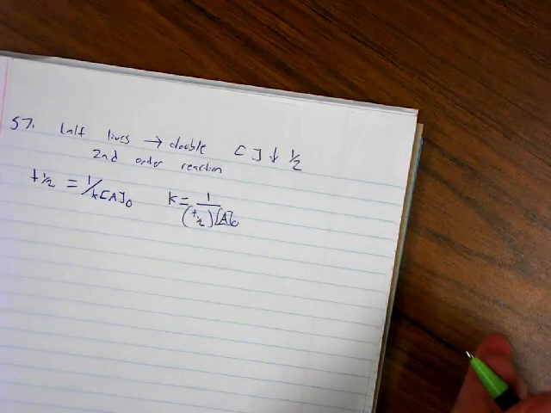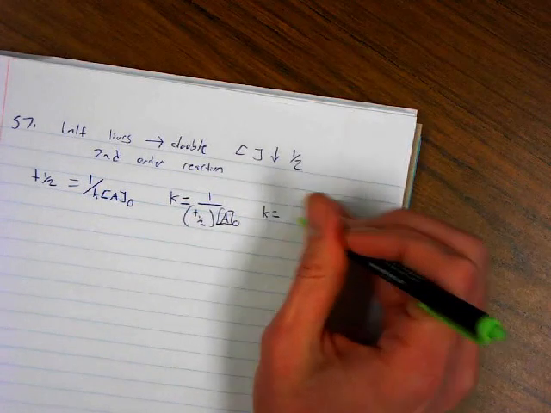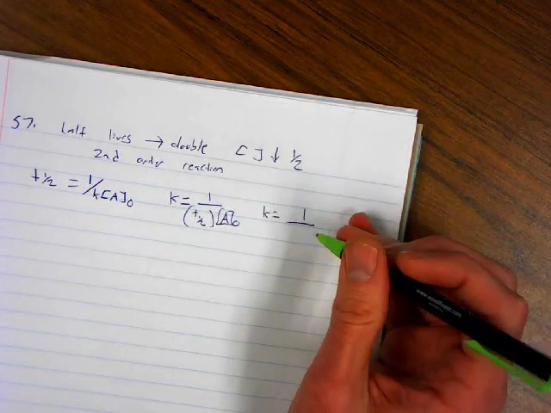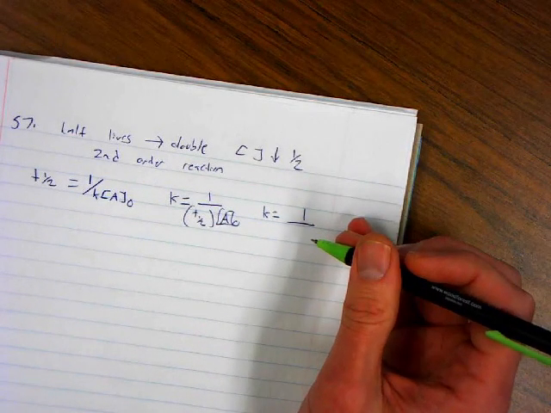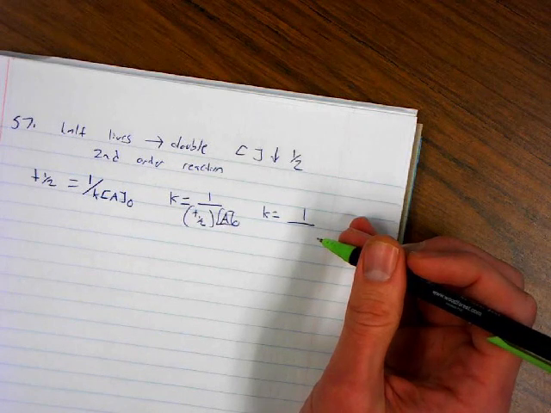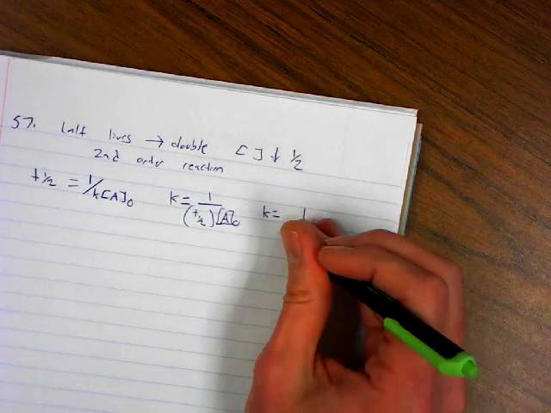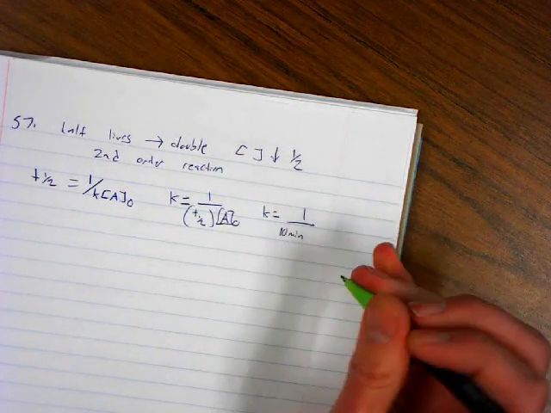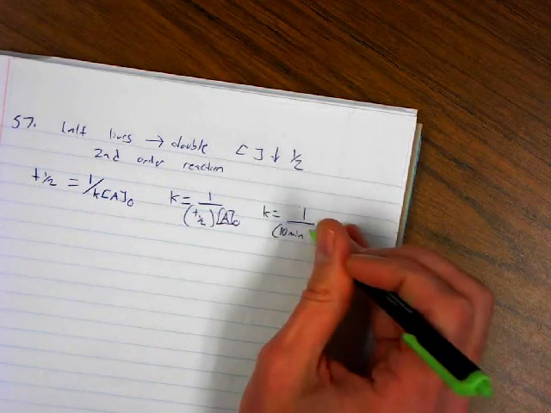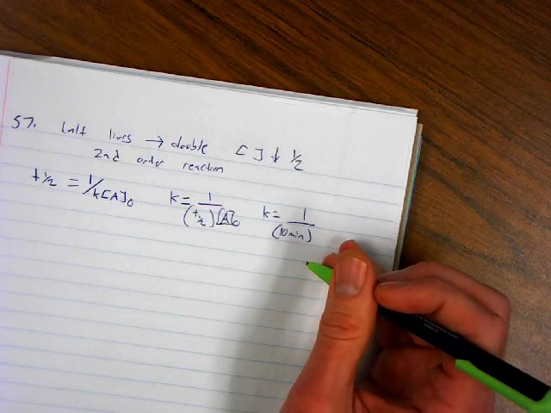I have all of these numbers on 57. So K equals 1 divided by my half-life, which is 10 minutes, multiplied by A naught.